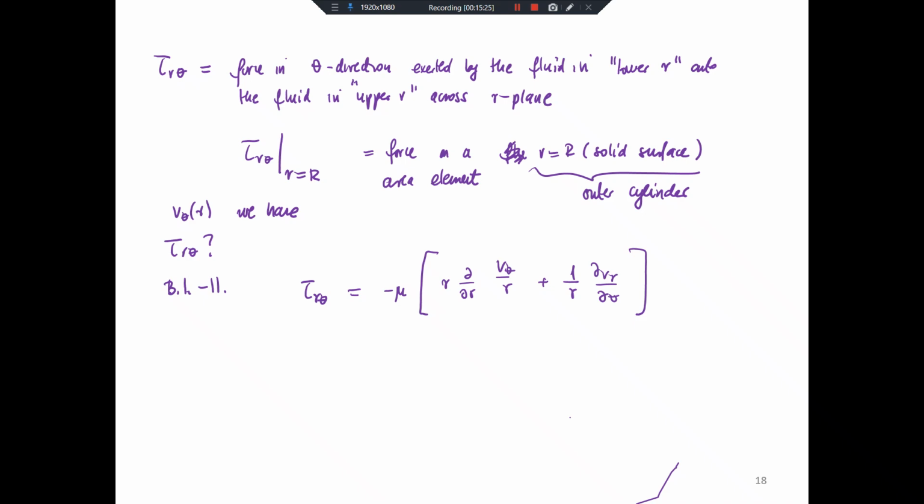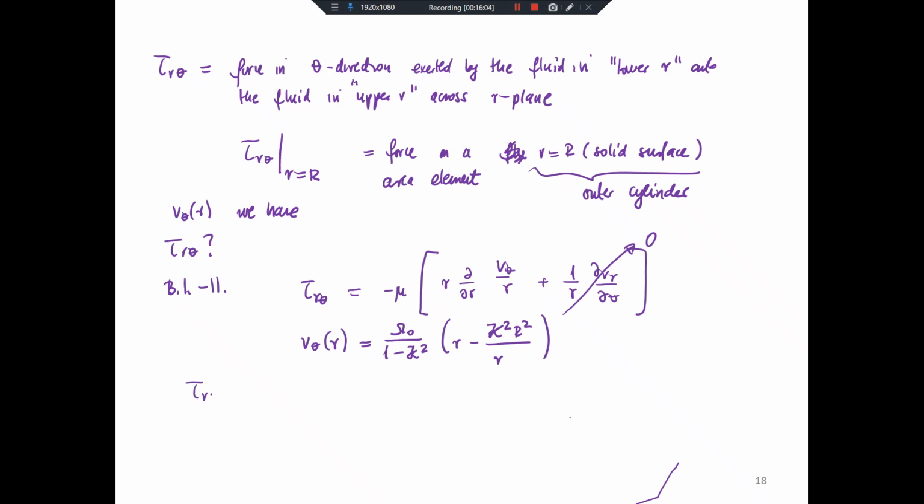Now I know that my V r is 0, so this part is going to go to 0. I know what my V theta of r is; we have computed that. V theta of r is equal to omega 0, (1 minus kappa squared r squared over R squared) over (1 minus kappa squared), times r.